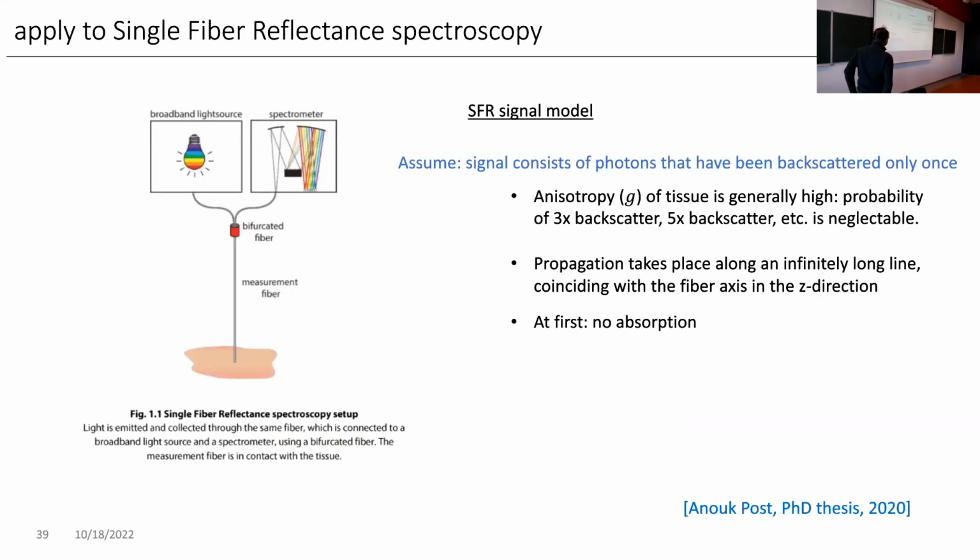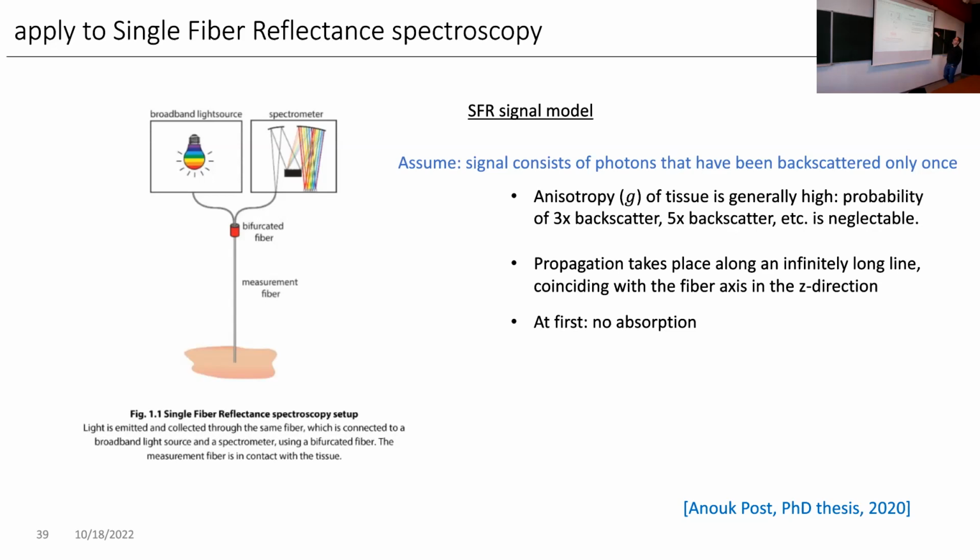So let's apply that to this SFR model. What we'll do is assume that the photons are backscattered onwards. Also, we'll assume that the anisotropy of the tissue is going to be high in general. This is a valid assumption, which would then mean that most of the light is predominantly forward scattered.